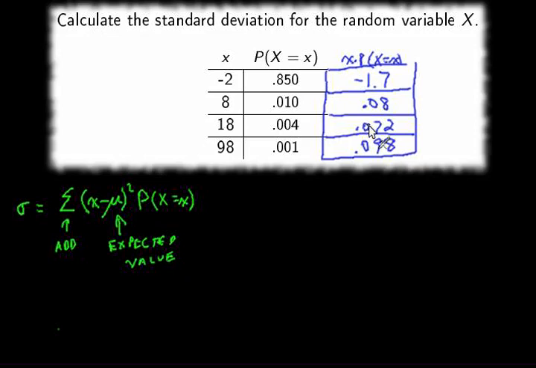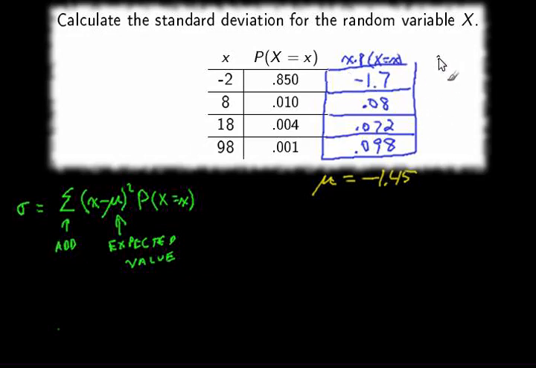So if we add these together, we get negative 1.7 plus 0.08 plus 0.072 plus 0.098, negative 1.45. So the expected value, mu, is negative 1.45.